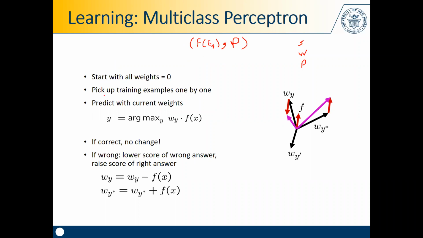Now, when the training loop gets to the sample, it picks up the feature vector, f of E1, and multiplies it by the weight vector of each class.